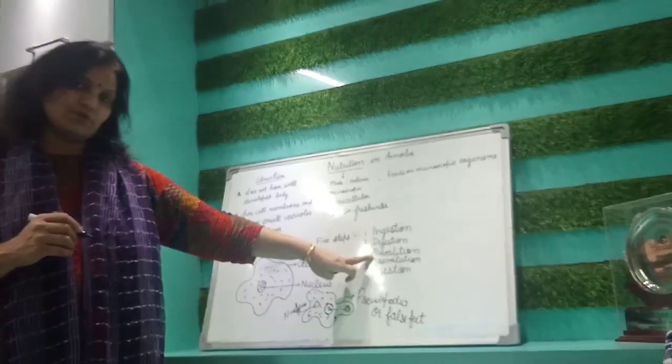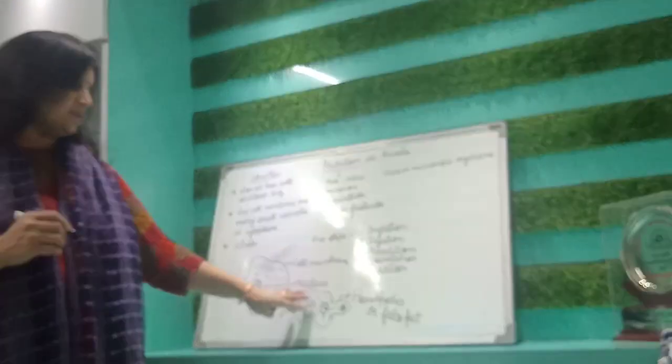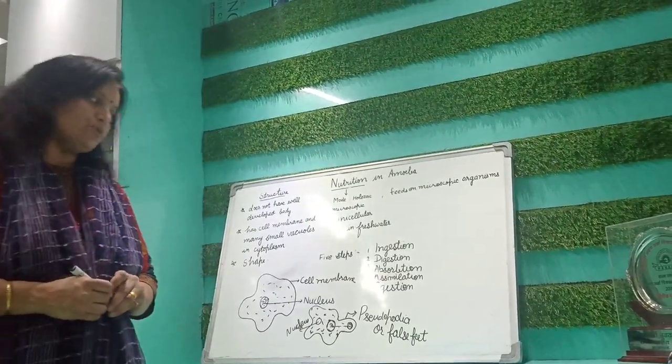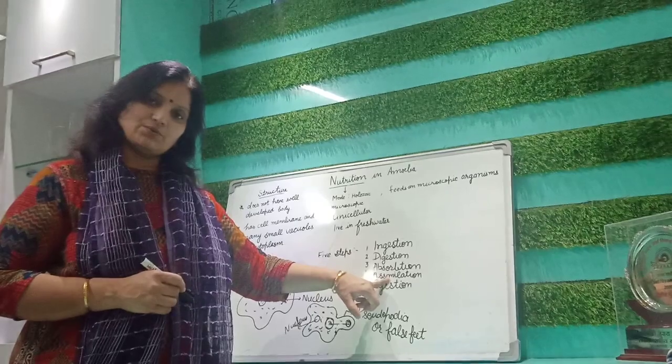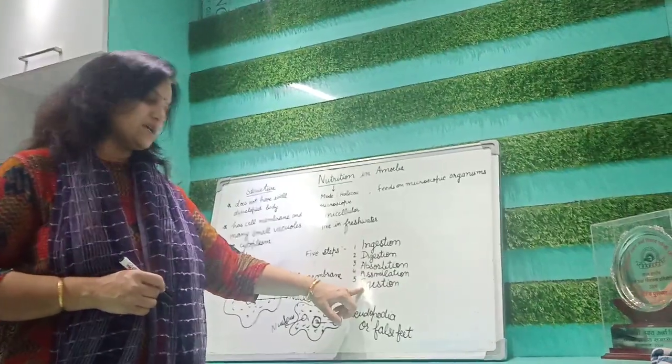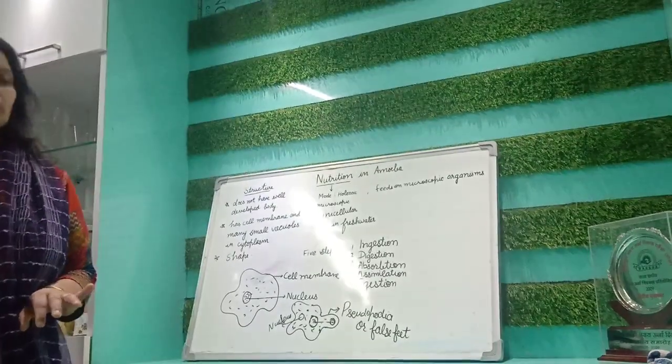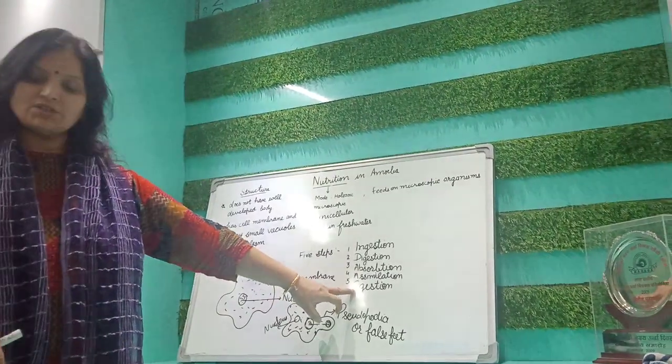This is known as absorption. And then the simpler form of food gets utilized by the body for doing various activities. This is known as assimilation. And the last process, the undigested food is ejected out from the body, that is known as egestion.